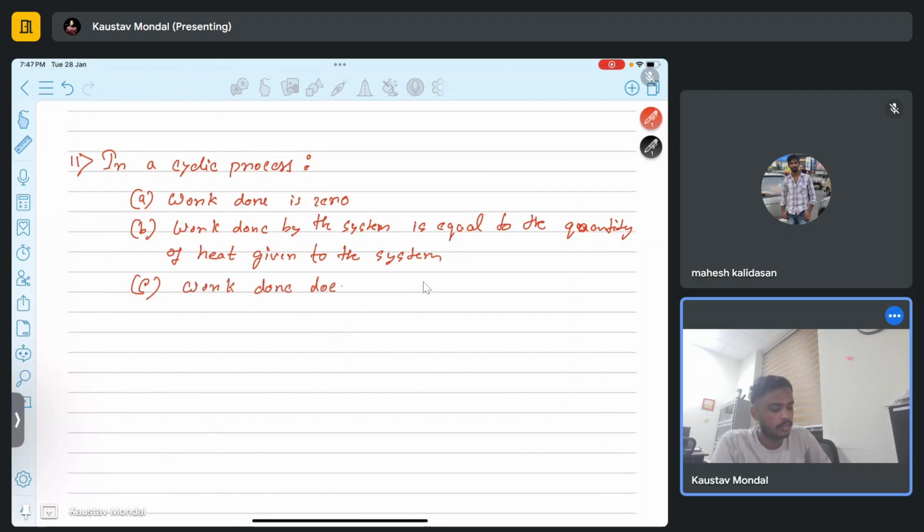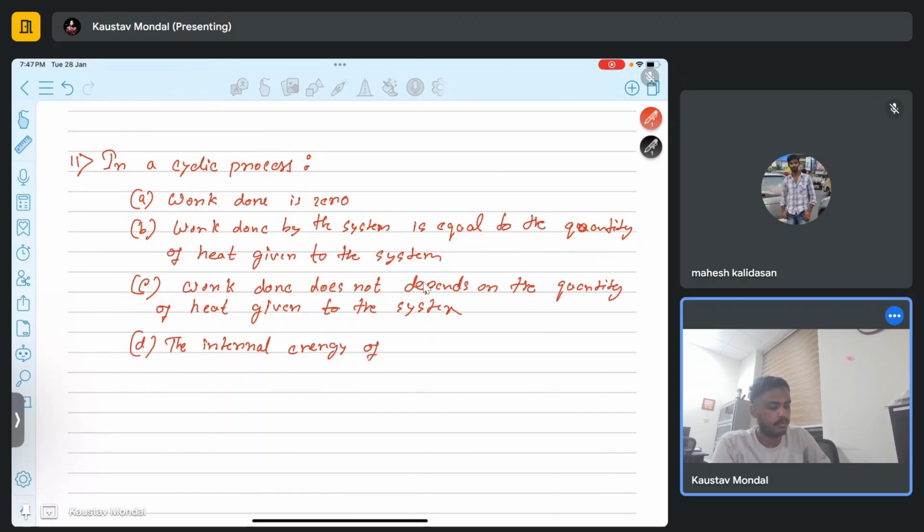Option C is work done does not depend on the quantity of heat given to the system, and option D is the internal energy of the system increases.